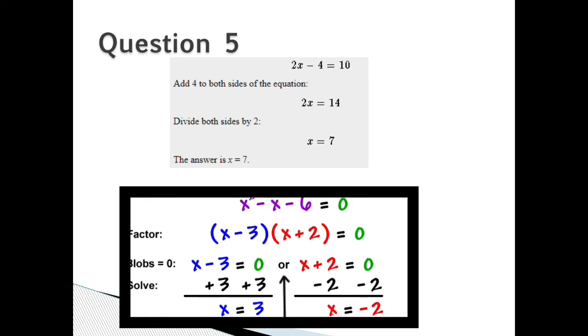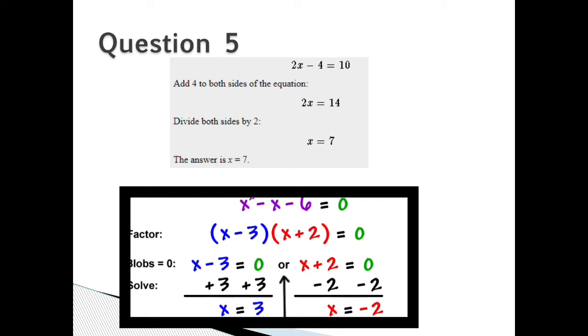If we had to look at an example, 2x minus 4 is equal to 10, you will add 4 to both sides of the equation, which will give you 2x is equal to 14. You'll then divide both sides by 2, and your answer for x will equal 7. An additional example, x squared minus x minus 6 is equal to 0.